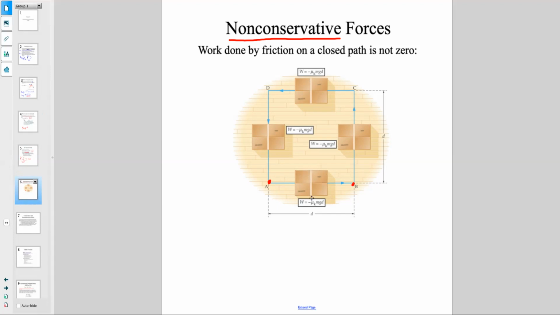And what I have here is W of kinetic friction, because it's moving, which is force times displacement, dotted with displacement. D is just d, whatever the displacement is, and the cosine of the angle between the force and the displacement.